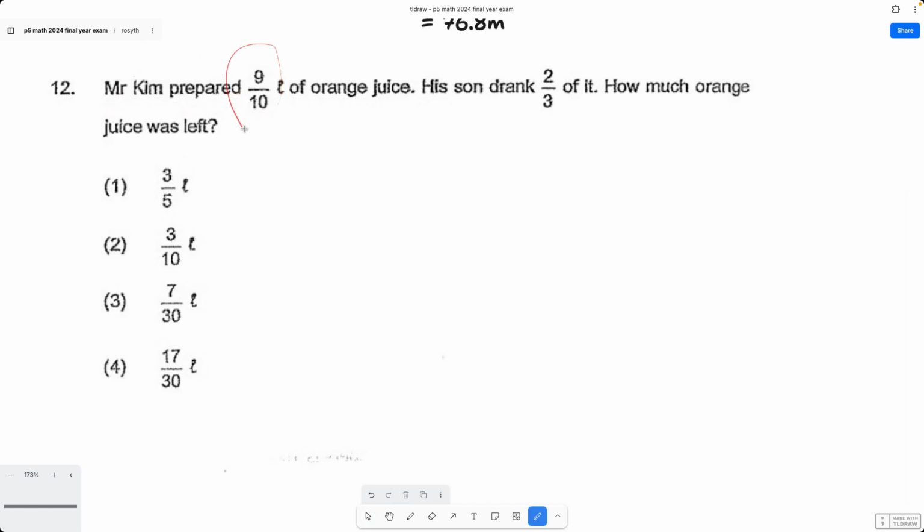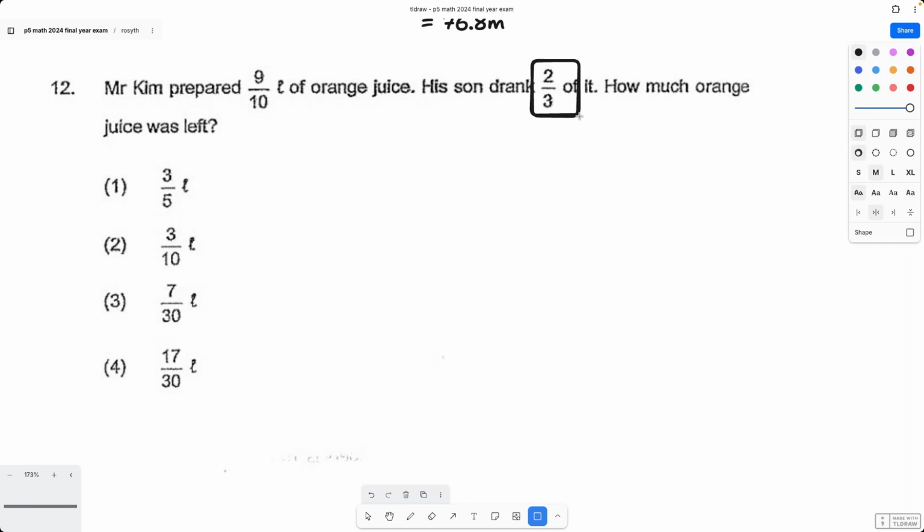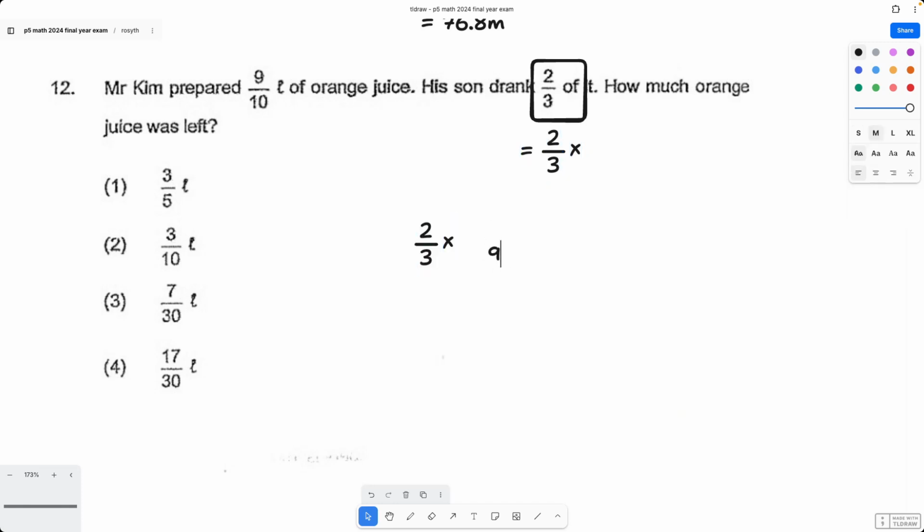Mr. Kim prepared 9 out of 10 liters of juice. His son drank two-thirds of it. How much orange juice? Right, so two-thirds of it is basically 2 out of 3, and then we multiply. So that means this two-thirds of, and then we have 9 over 10.